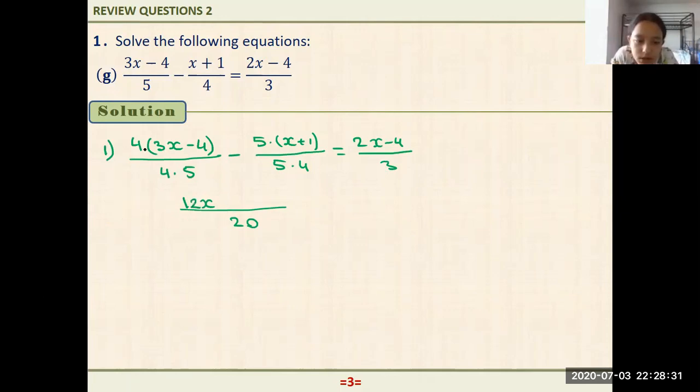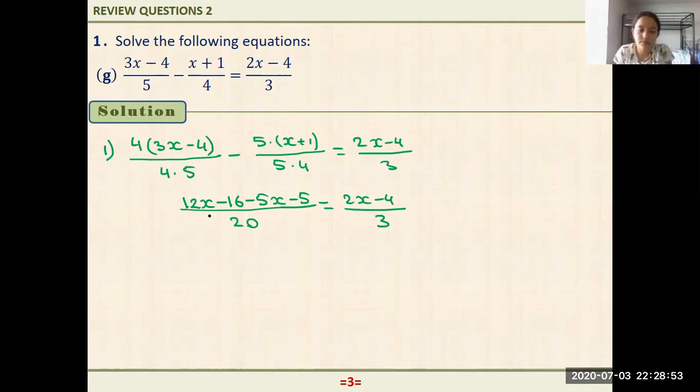And 4 times negative 4 is minus 16. Minus 5 times x, minus 5x, minus 5 times 1, that is minus 5. On the right hand side, 2x minus 4 over 3.